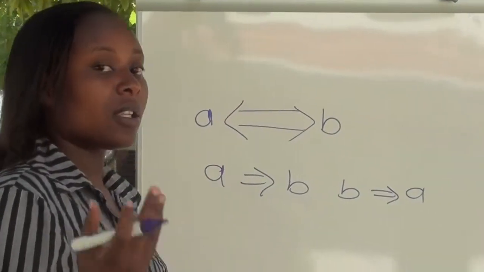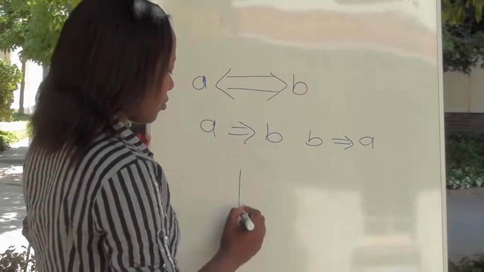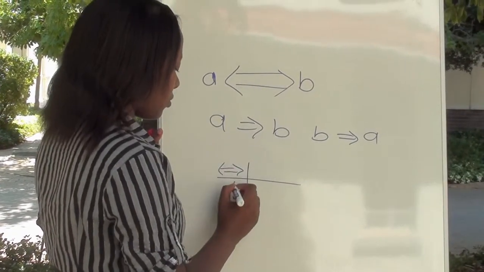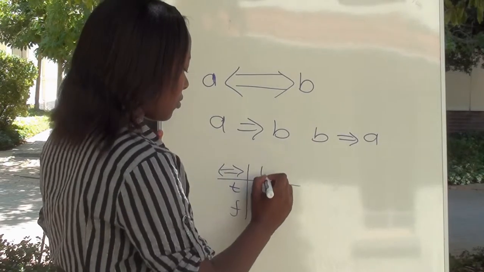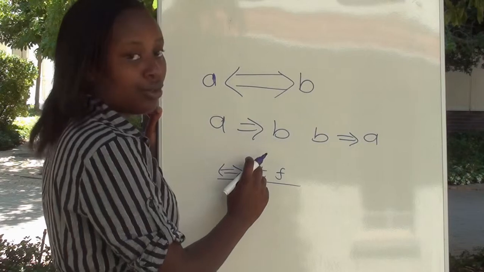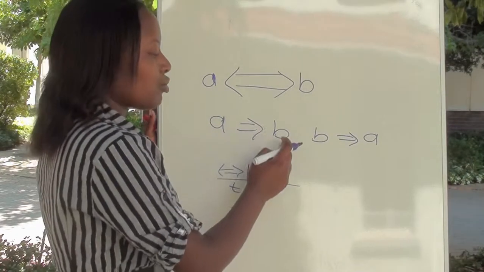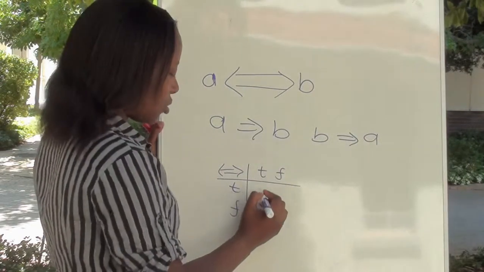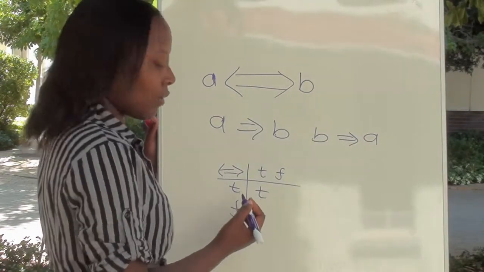So let's summarize this in a truth table. Suppose A is true, B is true, then A implies B: true implies true, and true implies true. That is correct, right?